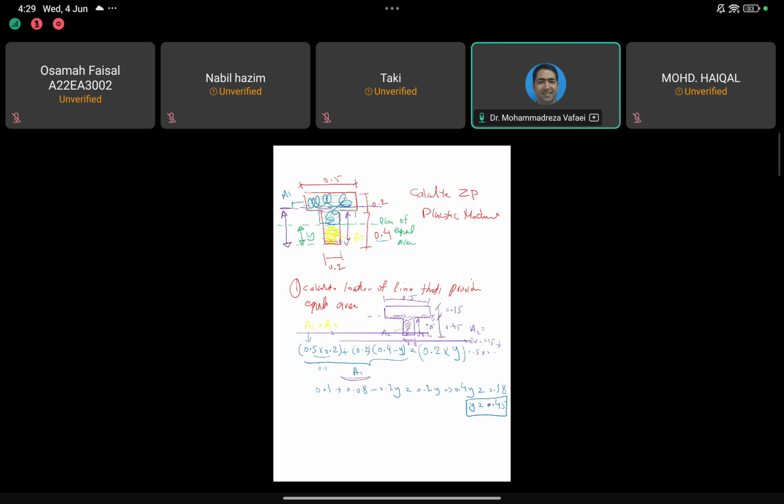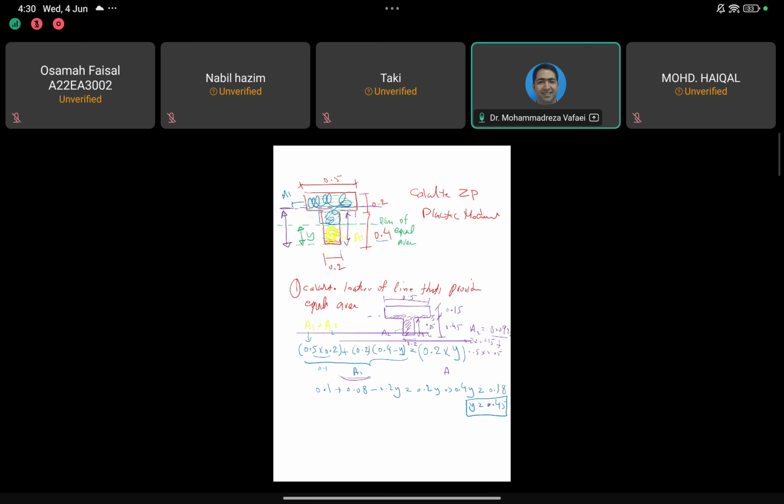So if you calculate that, you get 0.2 multiplied by 0.45 plus 0.5 multiplied by 0.005. So the area becomes 0.0925. So this is the area below.